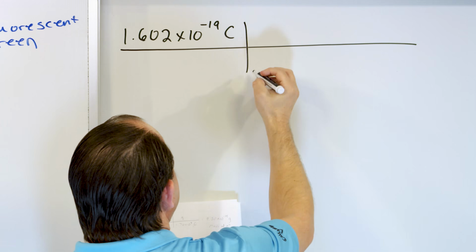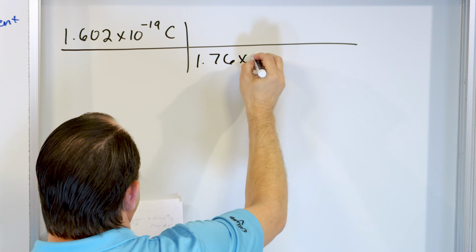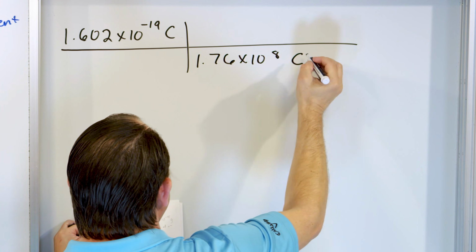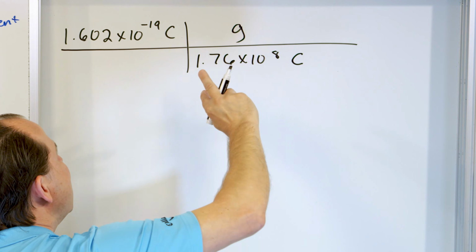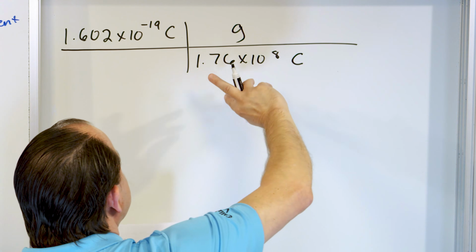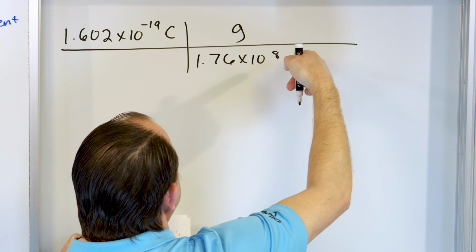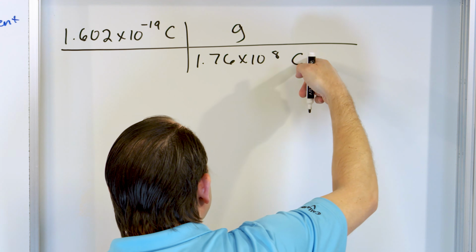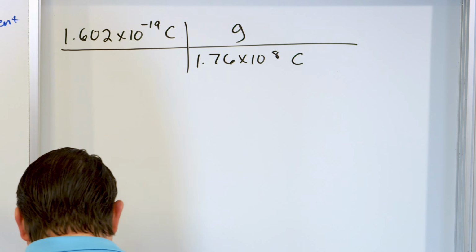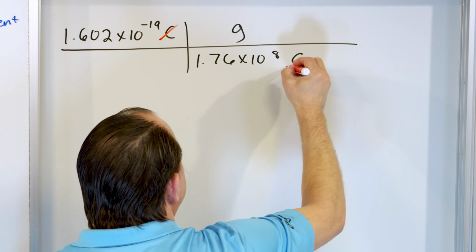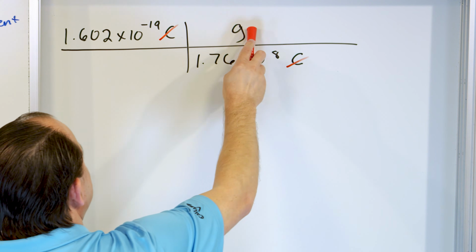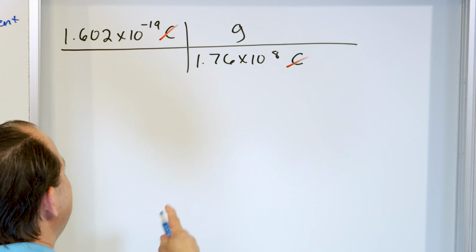We want to write it like this, 1.76 times 10 to the 8 coulombs per gram. Remember, anything in a unit conversion, you can flip it over either way. It's coulombs per gram. You can write it with coulombs on the top and grams on the bottom, or coulombs on the bottom and grams on the top. We're writing it like this because coulombs cancel with coulombs, and the only unit we have left is grams. This is the power of unit conversion.